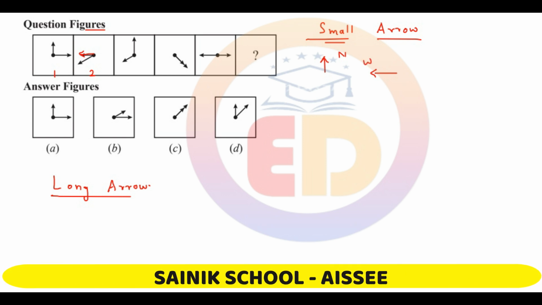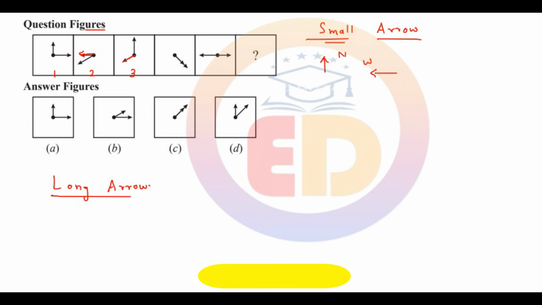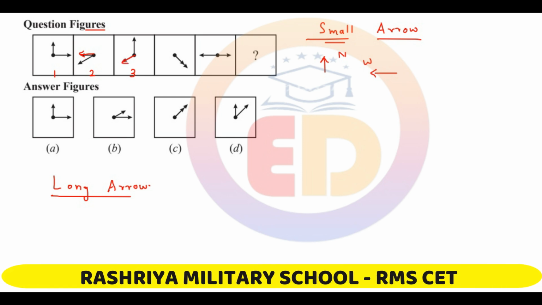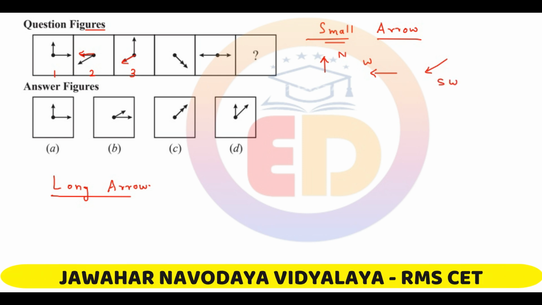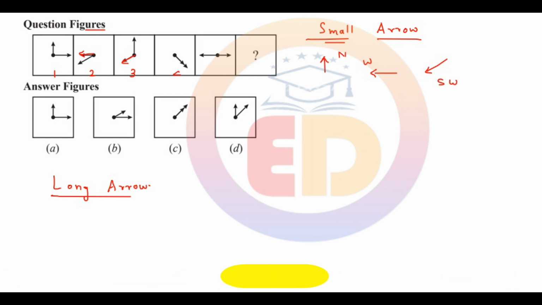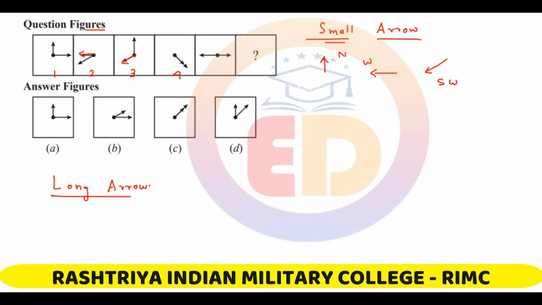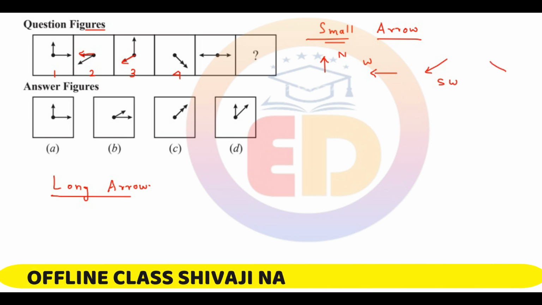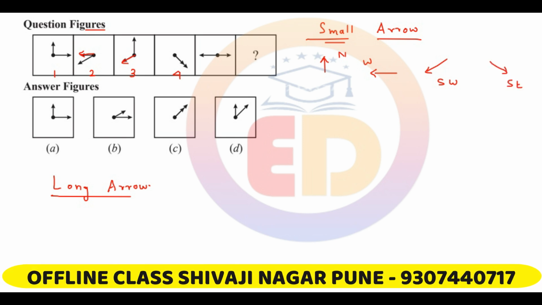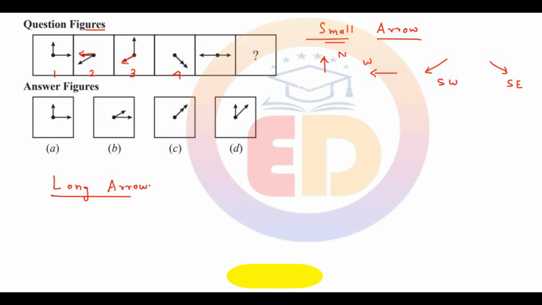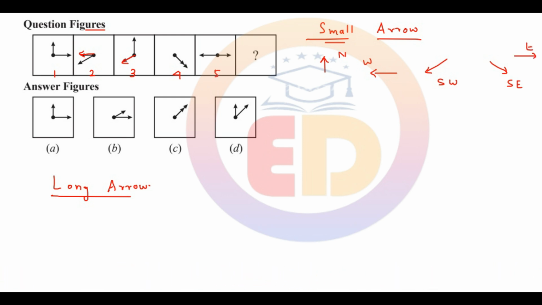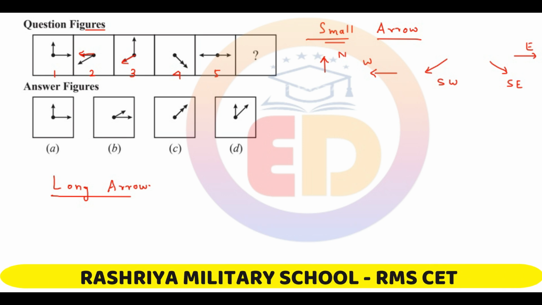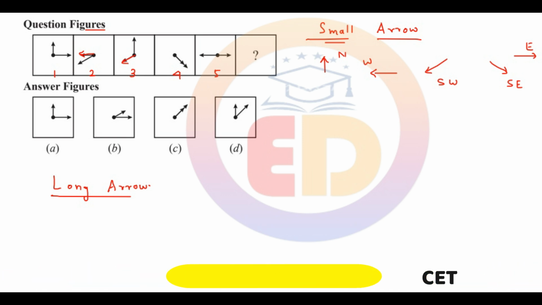In the third shape, it is pointing towards southwest. In the fourth shape, it is pointing towards southeast. And in the last shape, the fifth shape, it is pointing towards east. So let us draw this movement of the small arrow in one shape.